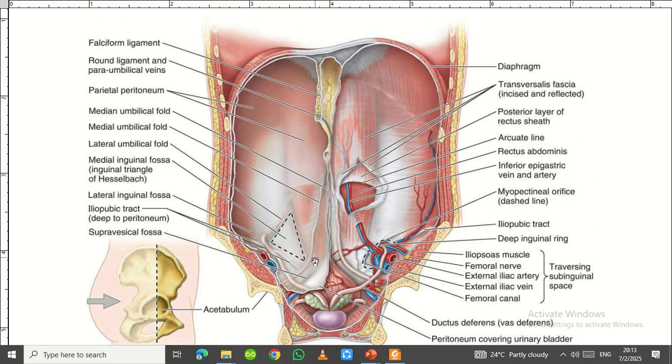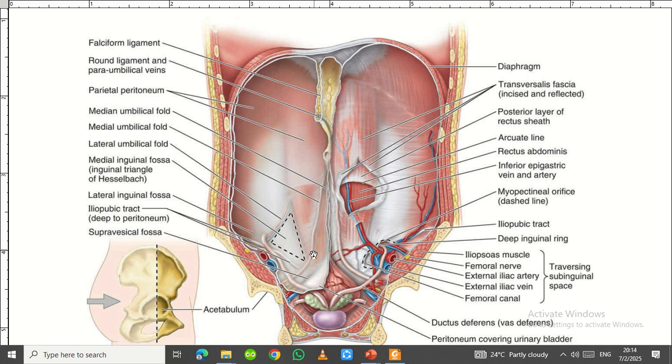Right, so there are inguinal areas that you also have to take note of. Remember, this is your median umbilical fold. The area that is lateral to the median umbilical fold is called your supravesical fossa.